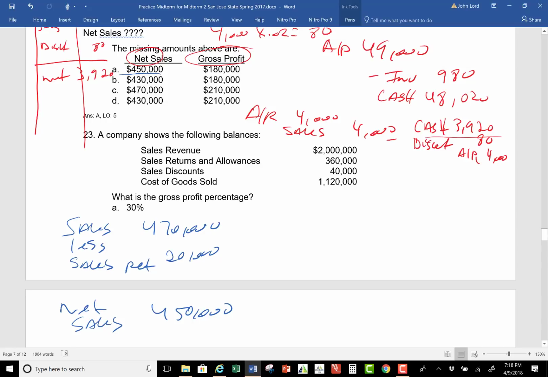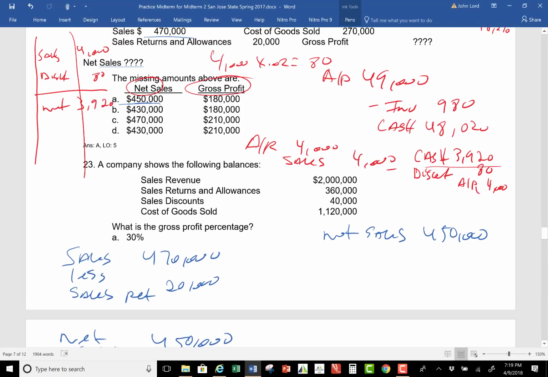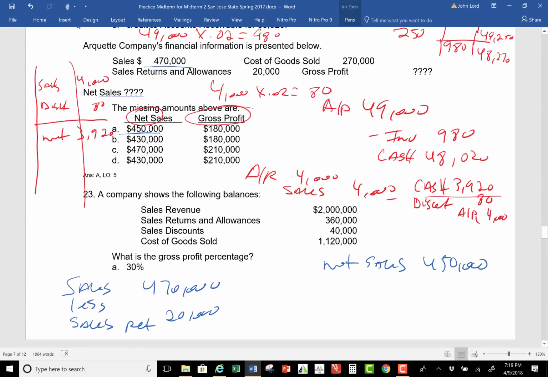Now, Josh, you look at that, and thank you, God. That's the world's easiest question because only one of them has net sales, right? I'm thinking on the test I would make all of them show 450 net sales so that you have to calculate my favorite one, which is gross profit. That's going to be net sales of 450 minus cost of goods sold.